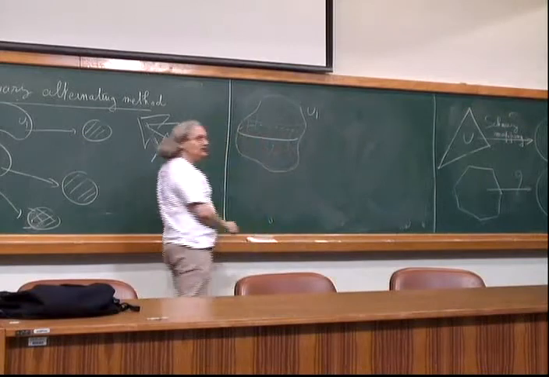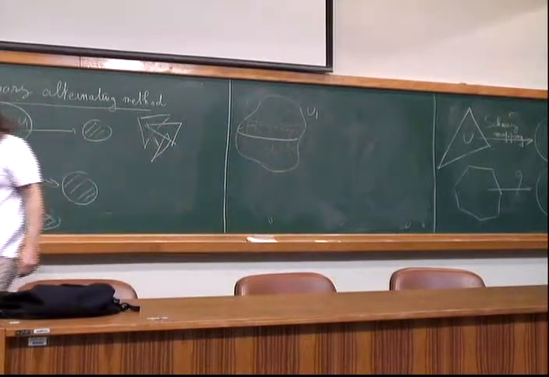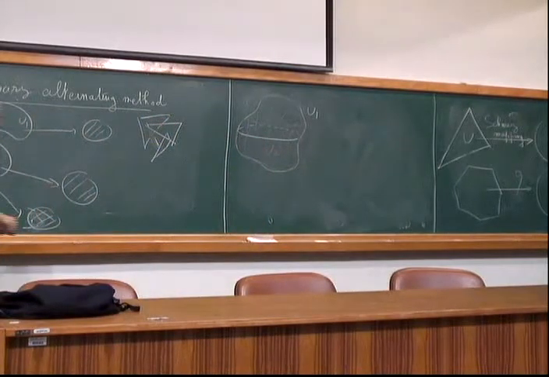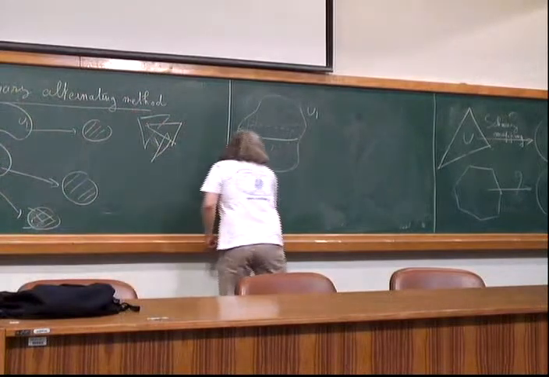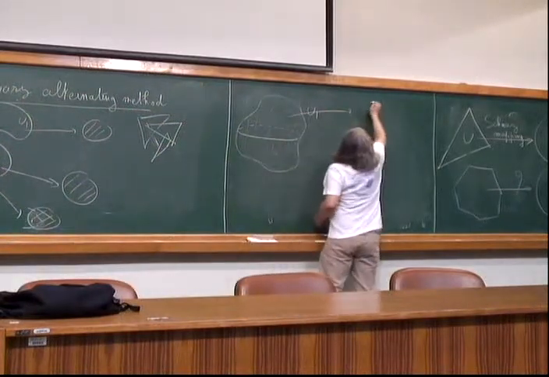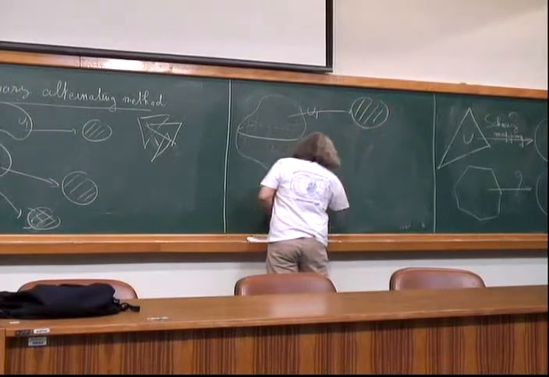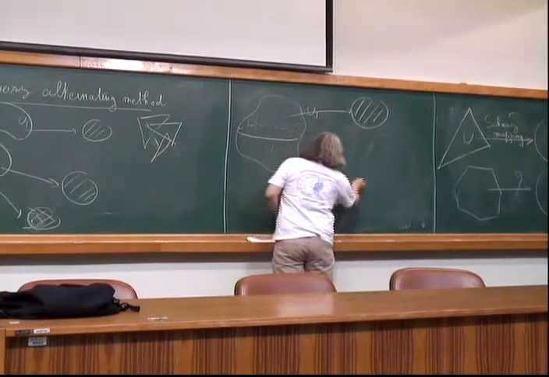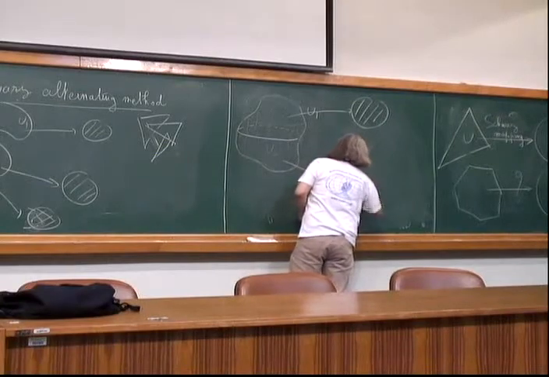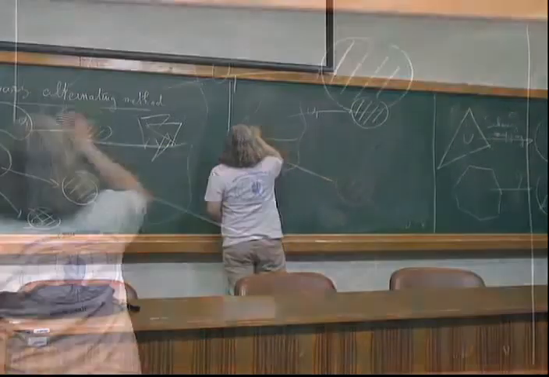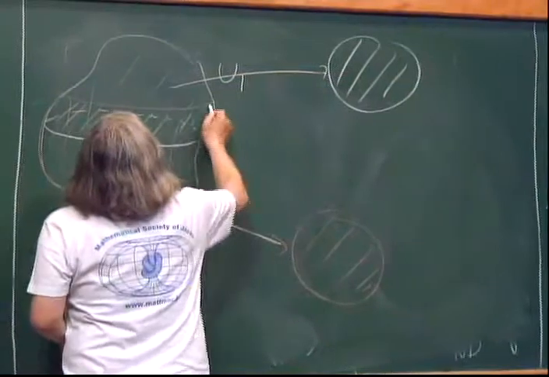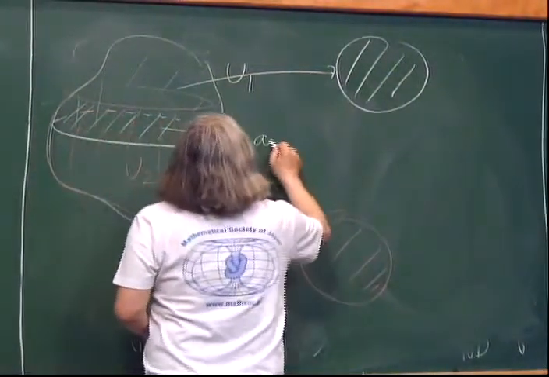So U1 and U2 are simply connected, and you know that U1 is conformally equivalent to the disk, and U2 is conformally equivalent to the disk. And you assume that the intersection of the two domains is some annulus.